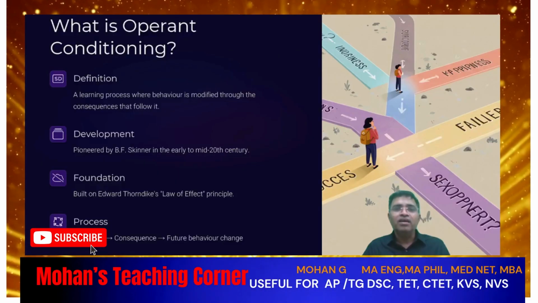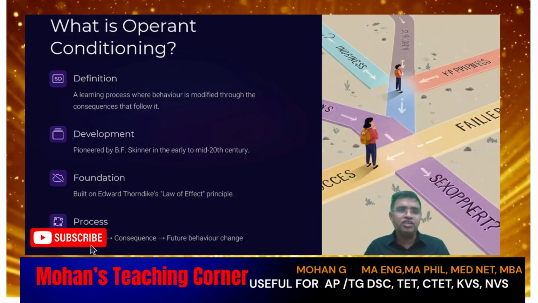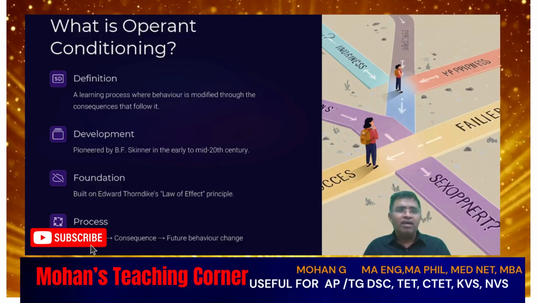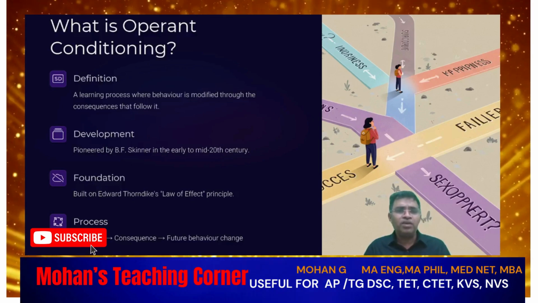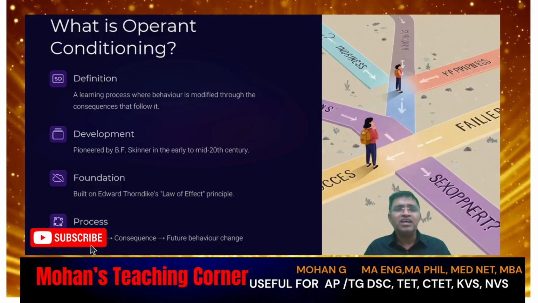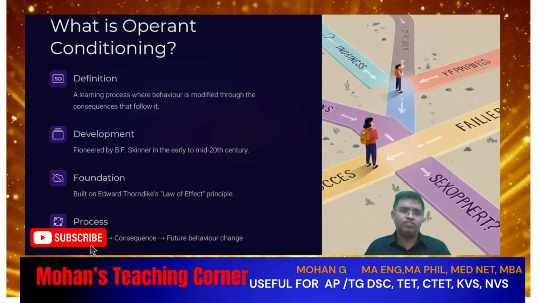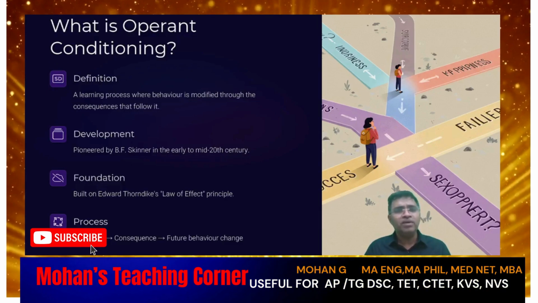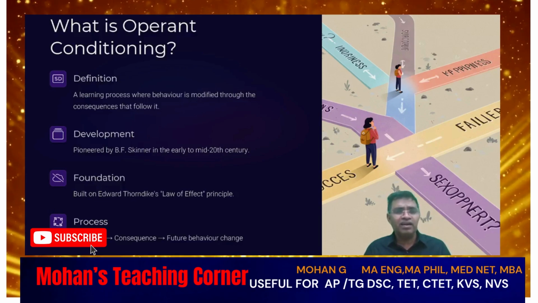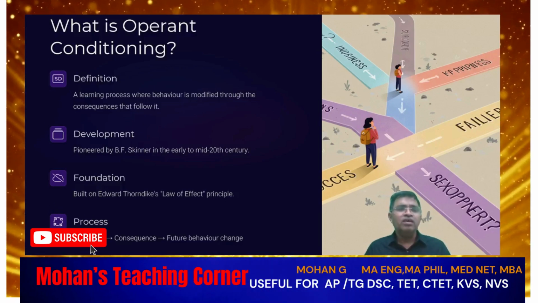So let's start. Operant conditioning is defined as a learning process where behavior is modified through the consequences that follow it. It was developed by B.F. Skinner in the early to mid 20th century.